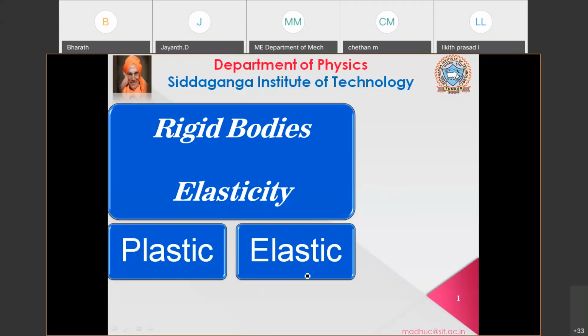So now you know the difference between plastic and elastic, right? Now you also need to remember deforming force. What is deforming force? Deforming force is the external force which you apply to change the shape of your material. Now we'll go to the next one.